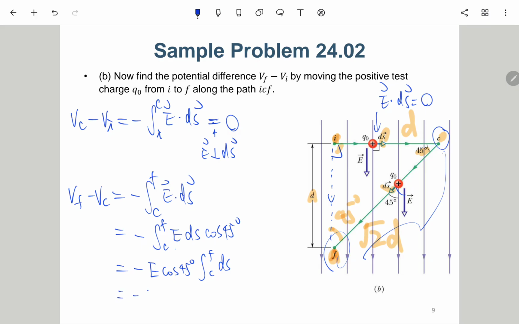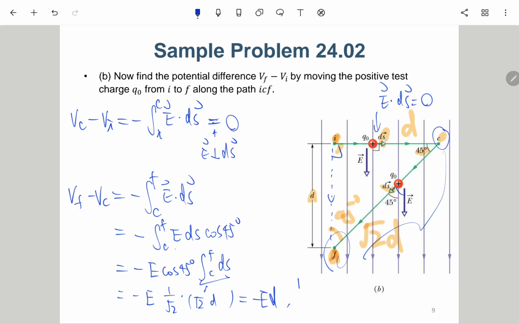So it would be negative E cosine 45 degrees, which is 1 over square root of 2, times square root of 2 times d. The square roots of 2 cancel each other, so it turns out to be negative Ed.